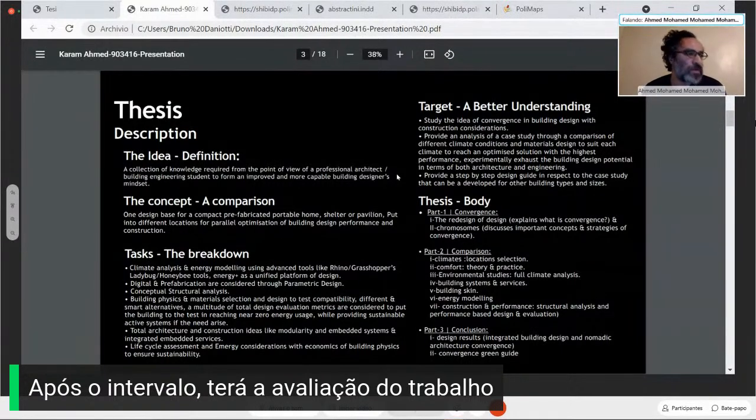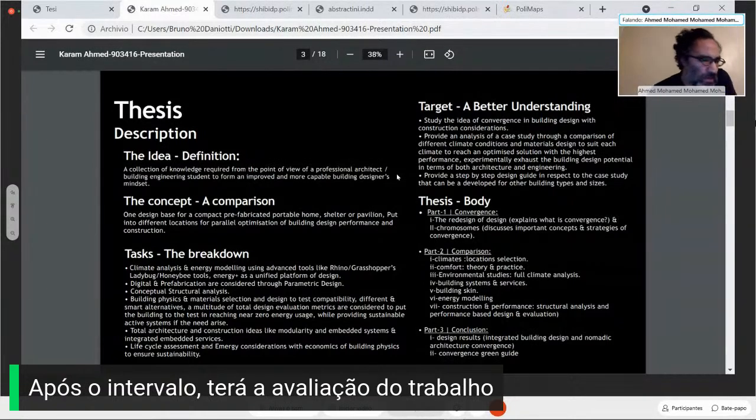The tasks were combining many titles studied in the courses that I studied in the past 2 or 3 years, like climate analysis, energy modeling, parametric and integrated design, building physics, and structure analysis, etc.